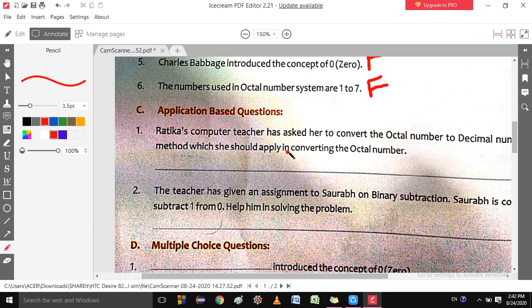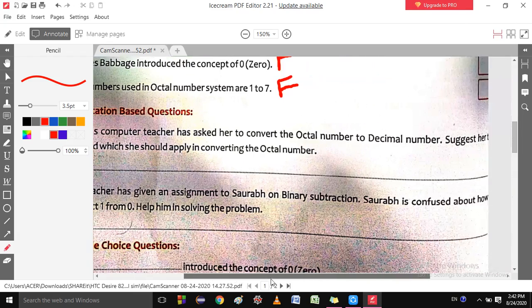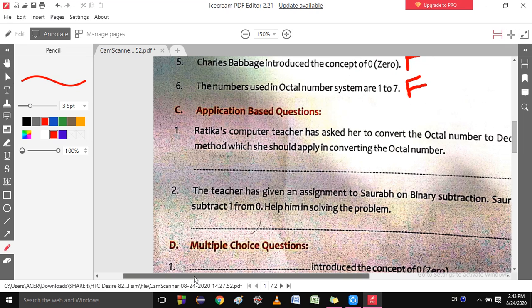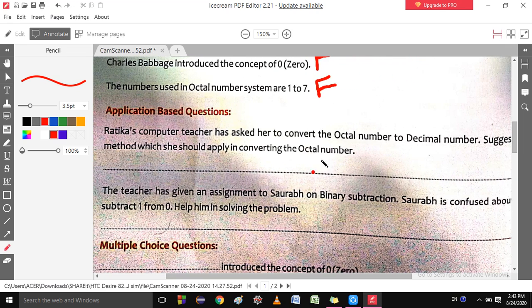Ratika's computer teacher has asked her to convert an octal number to a decimal number. Suggest the method she should apply. To convert octal to decimal, she will multiply by 8 power 0, starting from the right side. The power increases from 0 up to the number of digits.